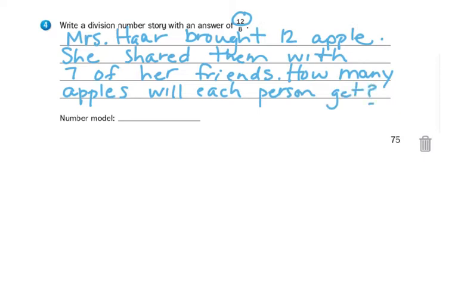Okay, so 7 friends plus Mrs. Hart. So I'm going to take 12 apples and divide it by 8.